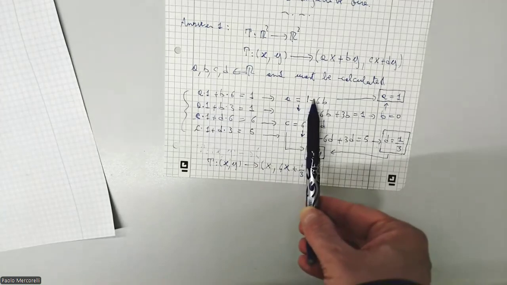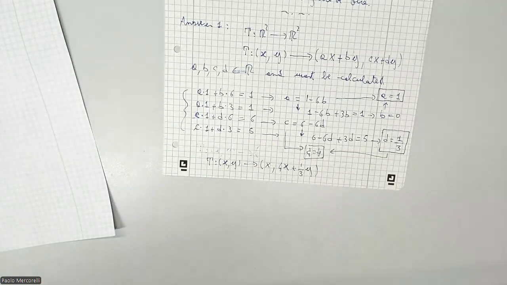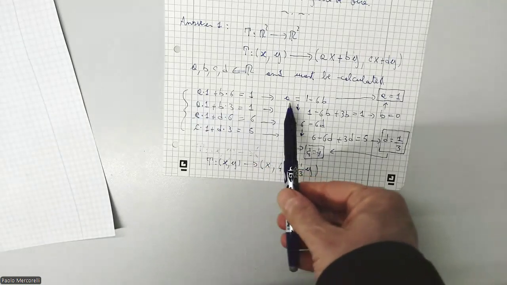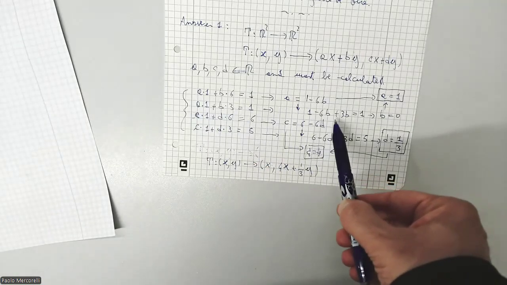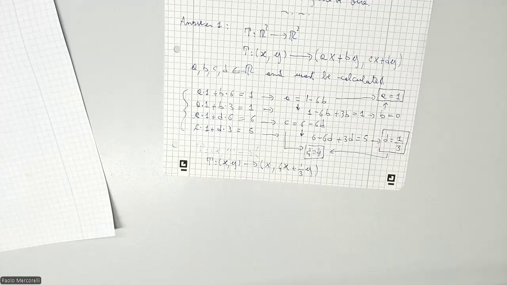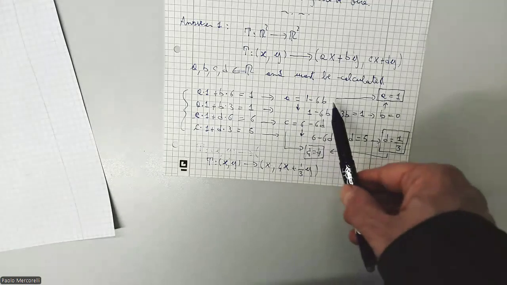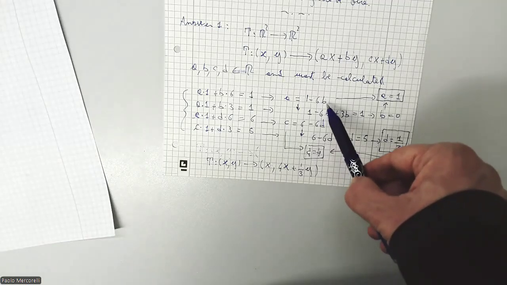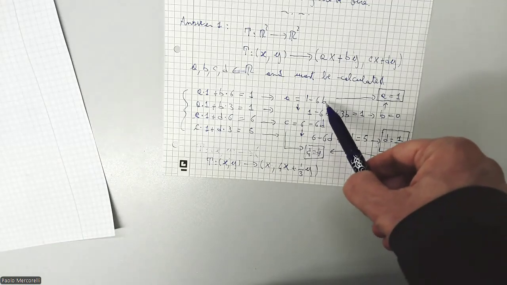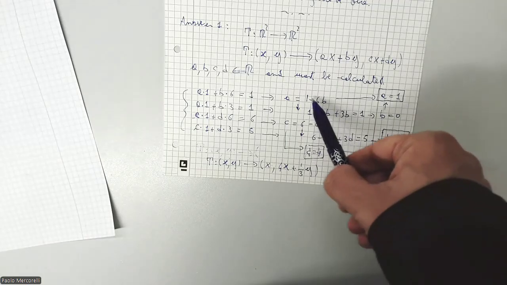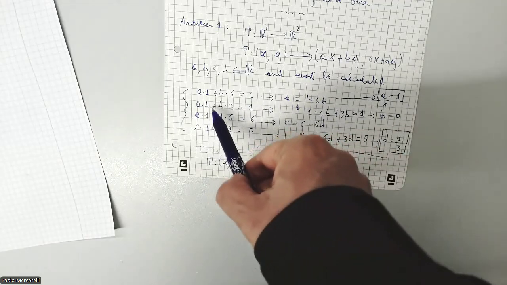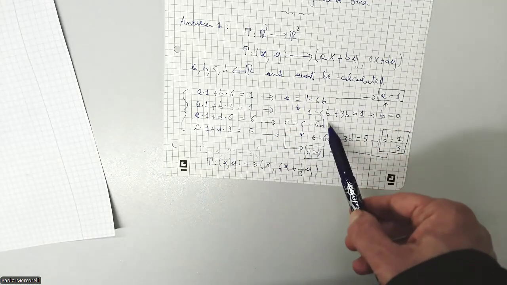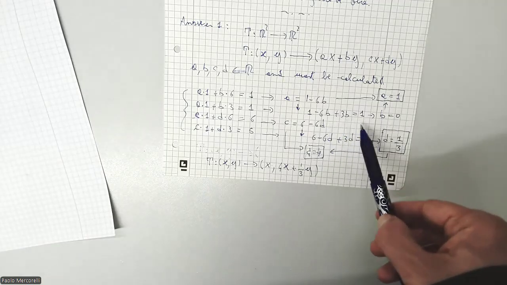From here to here is clear, no? I write what A is from here: A equals 1 minus 6b. Then I plug in A here, and I have 1 minus 6b plus 3b equal 1.